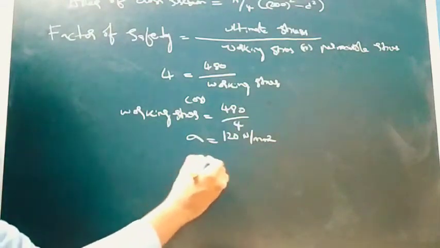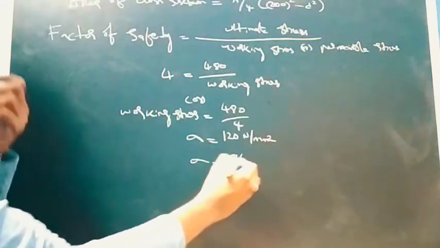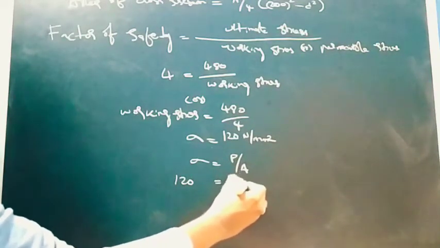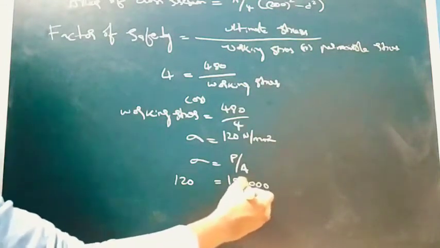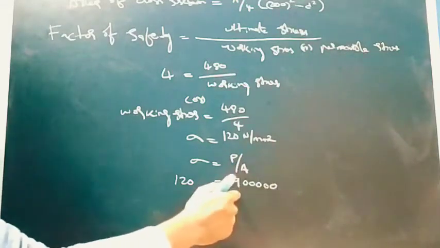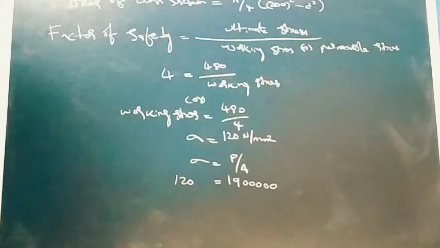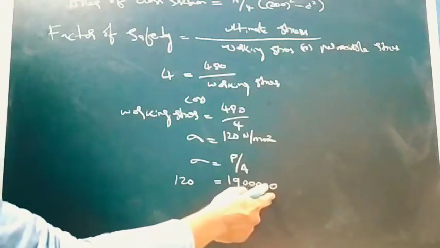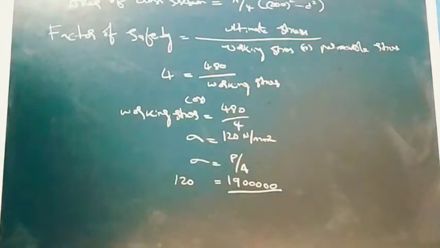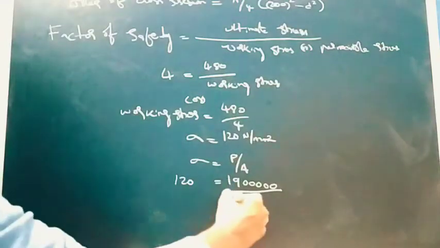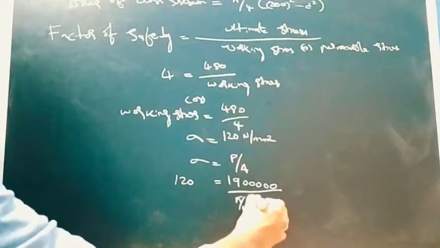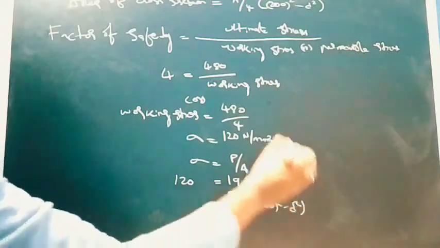Now we know that sigma equals force upon area, or load upon area. That is 120 equals 1.9 into 10 to the power of 6, which is the load, upon the area, pi by 4 into capital D square minus small d square.